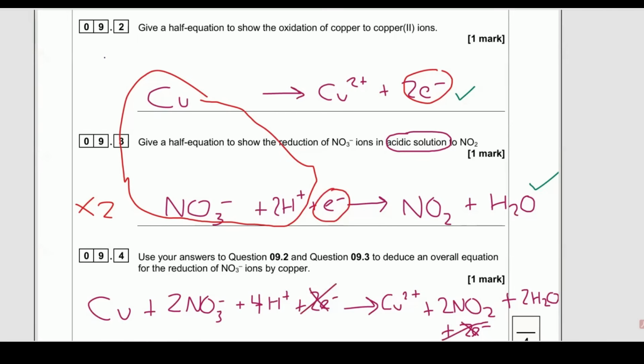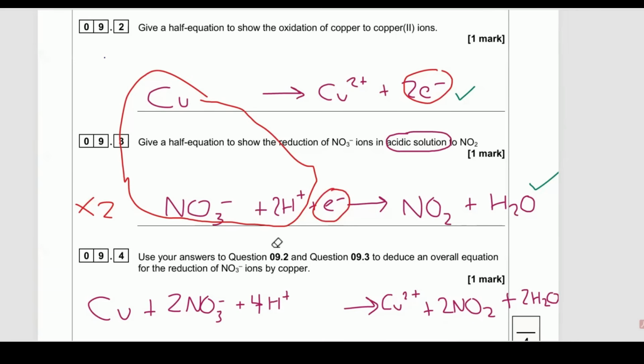So really we should take our rubber and get rid of these electrons because they are cancelling out on both sides. And sometimes check your hydrogens. Sometimes you cancel some of the hydrogens out. In this case, I've got 4 H's in the water, so I need my 4 hydrogen ions here. And there we go. That's the overall equation.